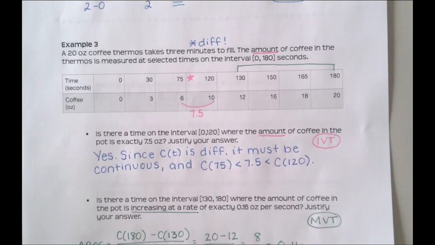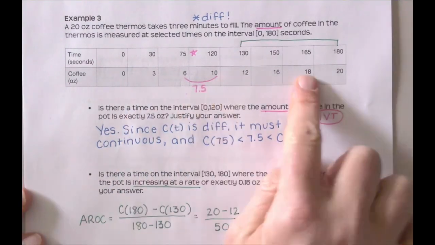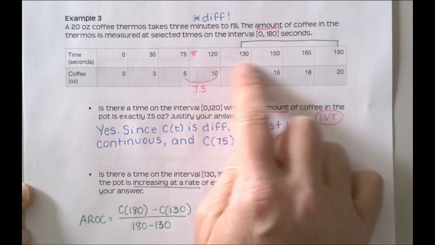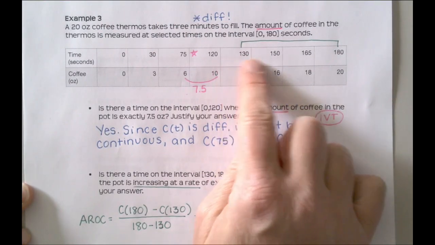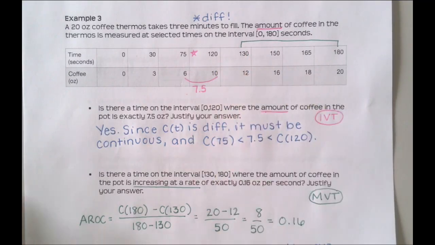This, by the way, is the theorem that allowed us to do all of that estimating of derivatives that we did earlier this year. So I was giving you questions like this earlier this year, and I would say, estimate the derivative at 140. And you couldn't see 140, but you did like an average rate of change between 130 and 150, and we said, that's good enough, even though we knew it wasn't really a derivative.